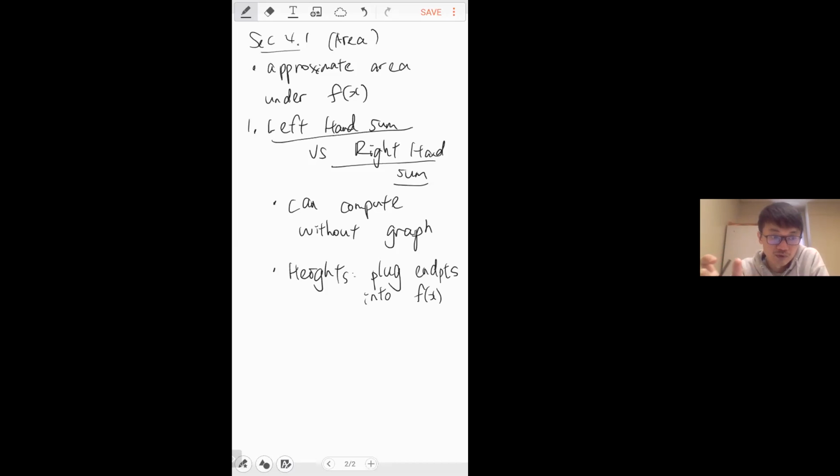Depending on whether you're computing the left-hand sum or right-hand sum. If you're computing the left-hand sum, you plug the left endpoint into the function to get the height. If you're computing the right-hand sum, you plug the right endpoint into the function to get the height. Does it make sense?